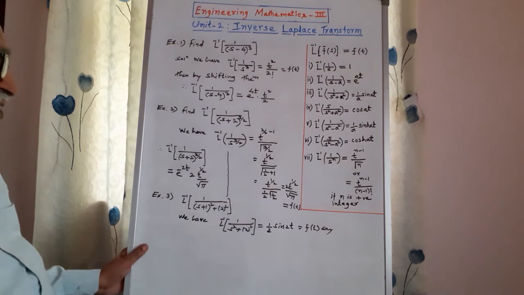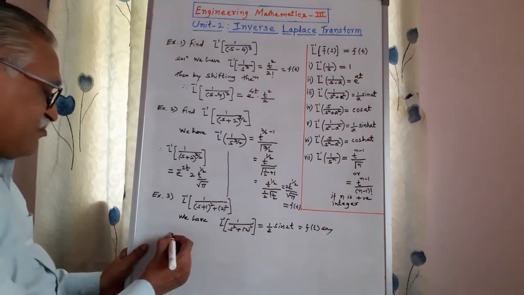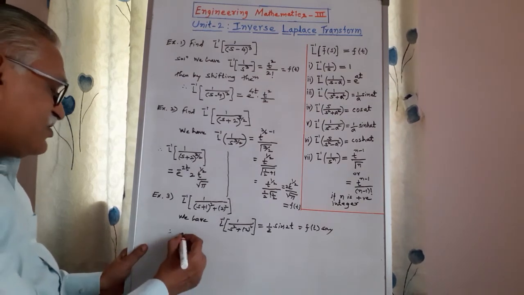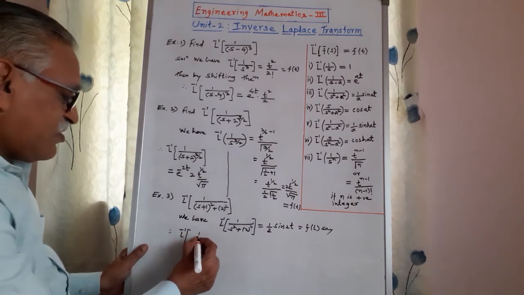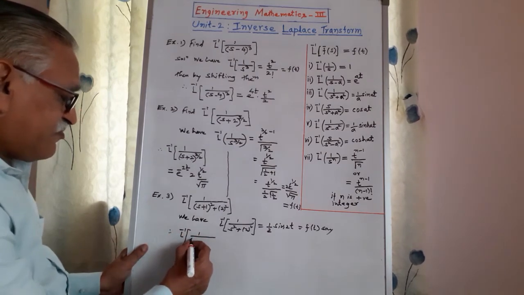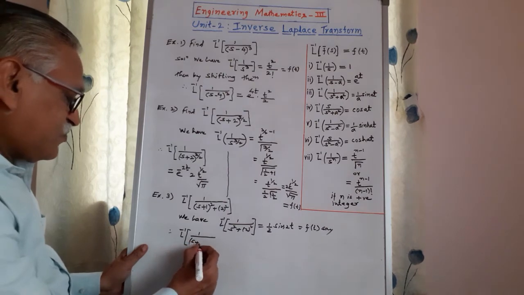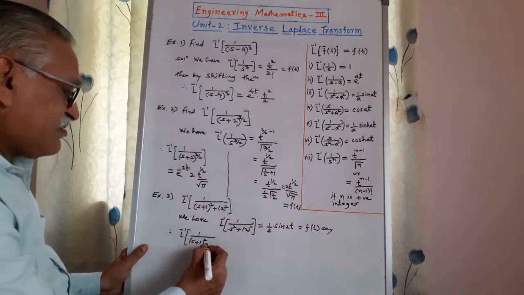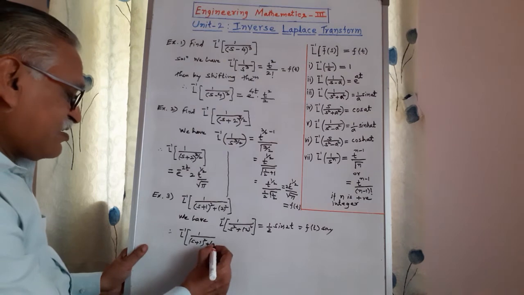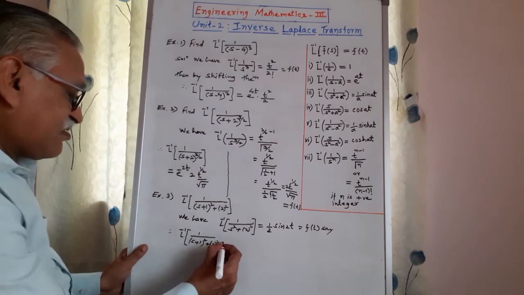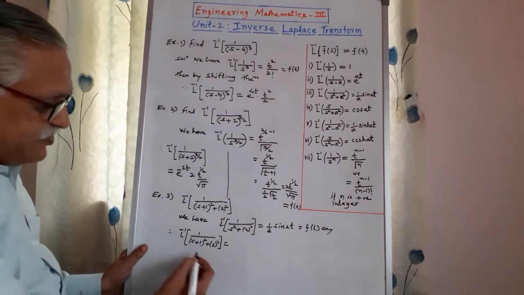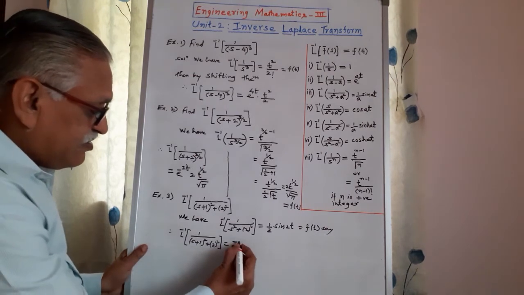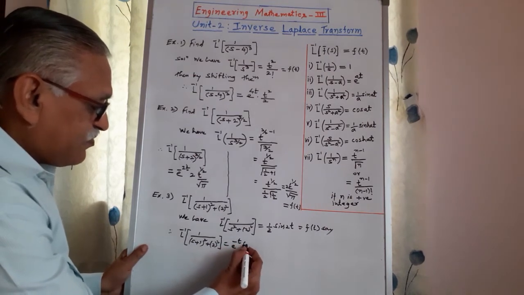Okay, and therefore inverse Laplace of 1 upon (s plus 1) bracket square plus 2 square is, by the shifting theorem, e raised to minus at, minus t, into f of t.